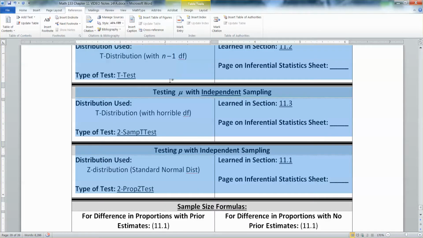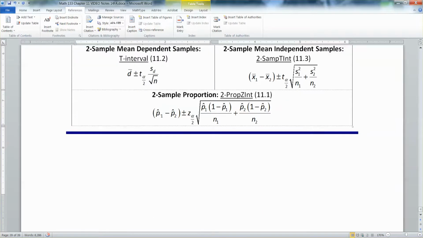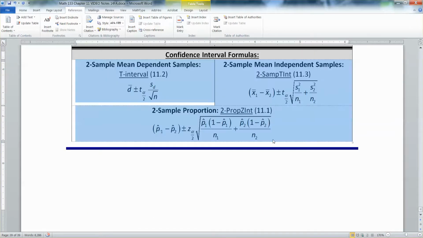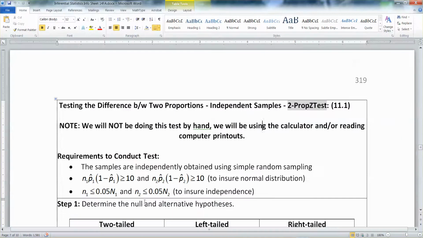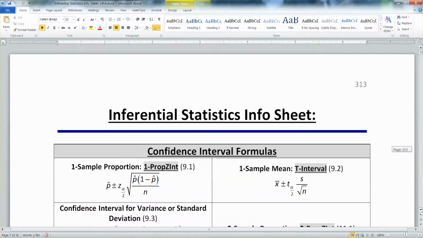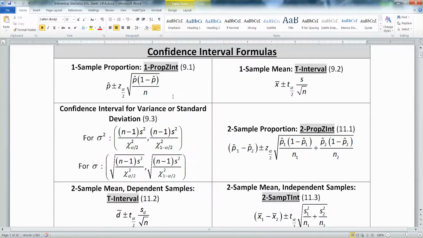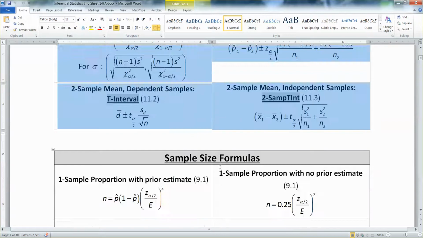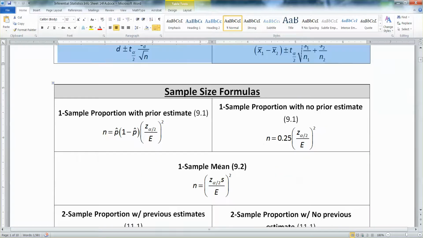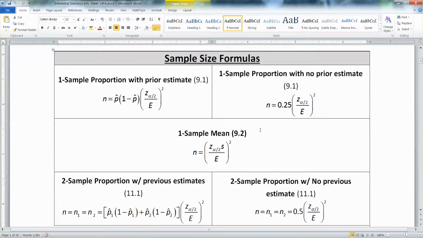So that means that we are now at 6 different tests so far and 6 different confidence intervals total. If I look at the front page of the inferential statistics sheet, right here. So we've learned 6 different confidence intervals. We've learned 6 different hypothesis tests so far, and there's more coming. So you're going to have to really pay attention to the writing and figure out which one they're talking about.